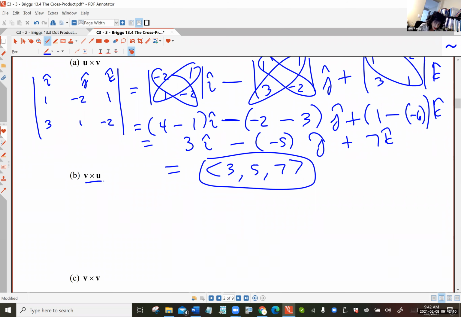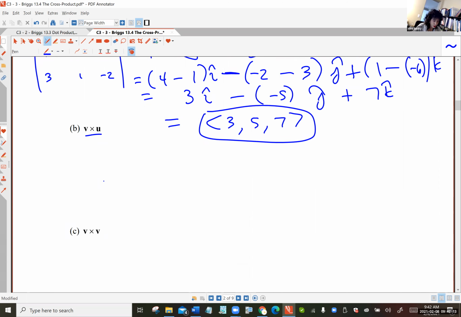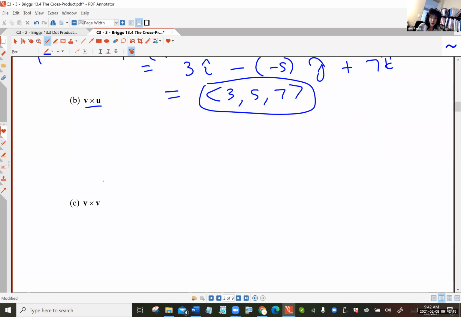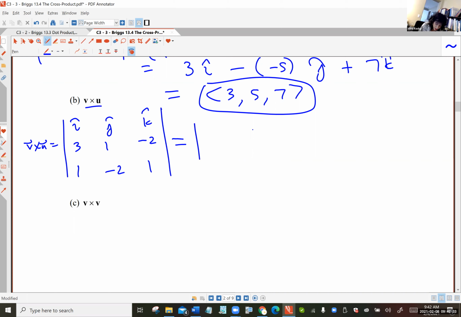Fine, but what if you did it in reverse order? Would you get the same answer? When you do the different order for dot product, you get the same answer. Okay, watch out. I hat, j hat, k hat. This time I'm going to put the components of V along the second row, and the bottom row has the U components. And yes, order matters for the setup.